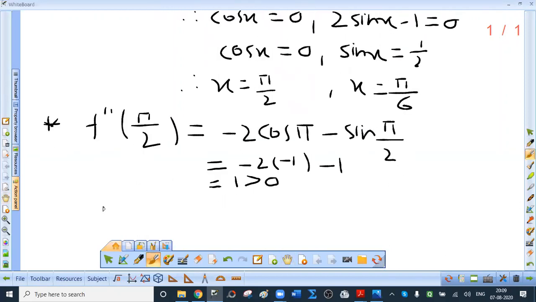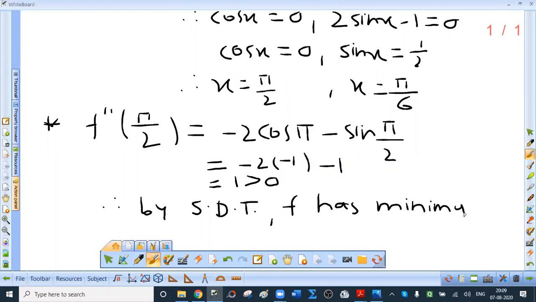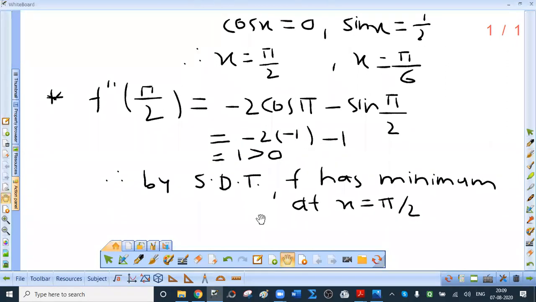You have to mention that therefore by the second derivative test the function has a minimum at x equal to pi by 2. Okay, and what is the minimum value? I can say f minimum is simply f of pi by 2.